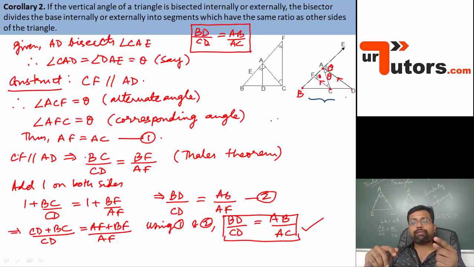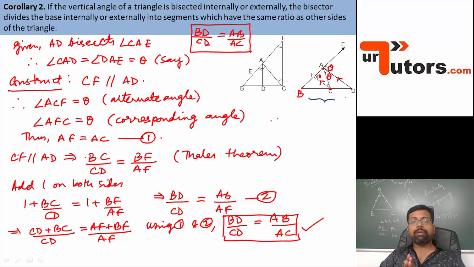So it said that if the external bisector of the angle A would divide the base in the same ratio, which is BD by CD, as the other two sides. The other two sides are AB and AC. So we again have to prove that BD by CD is equal to AB by AC.